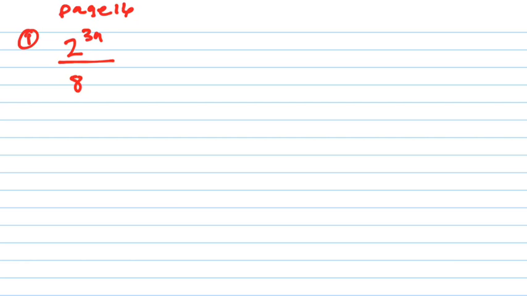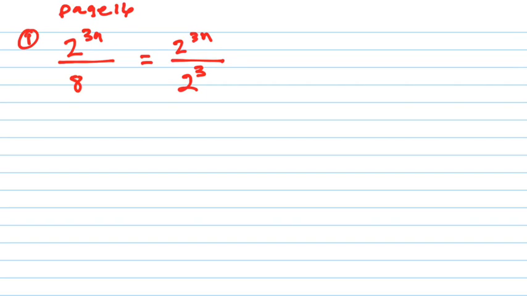I want to turn this into one non-fraction term with just an exponent. So my smallest base is a 2. Can I do the 8 as a power of 2? You bet you can. So it's going to be 2 to the 3n over 2 to the what power? 3.